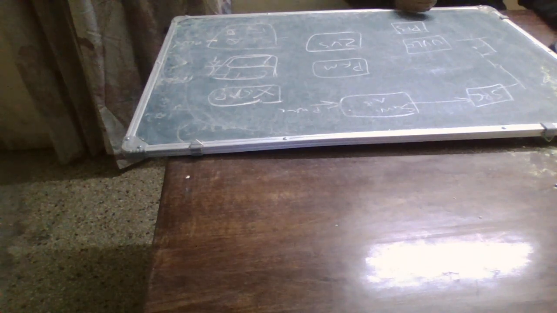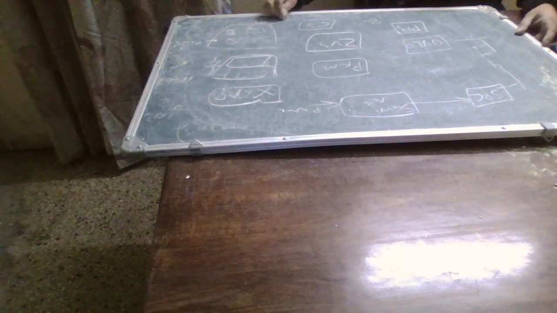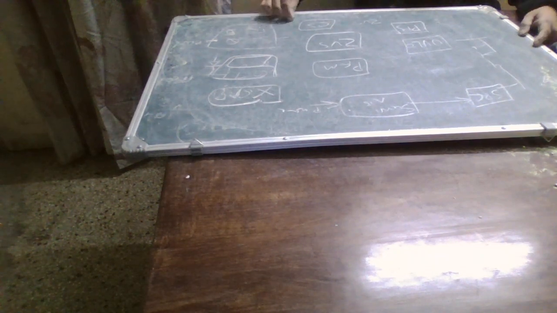Okay, and we have a CS offset. We have a ZVS discriminator. We have again an OT detection block here. We have a voltage sensing here.